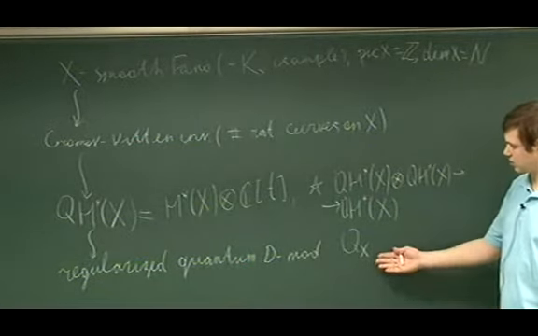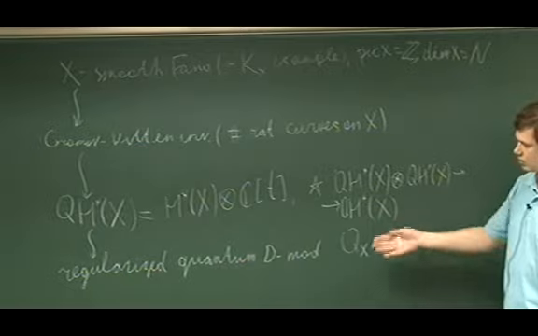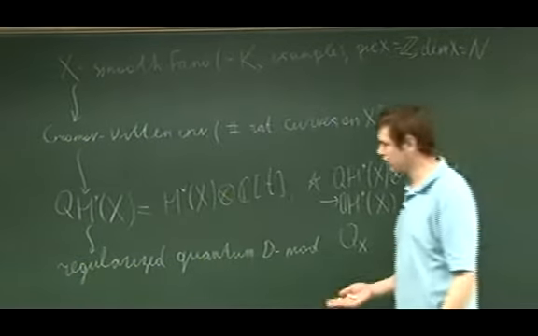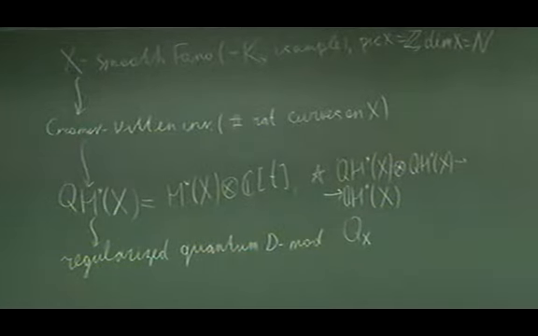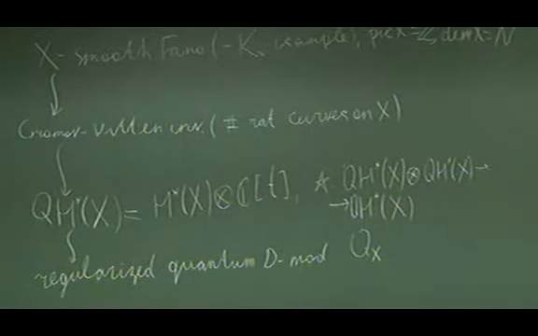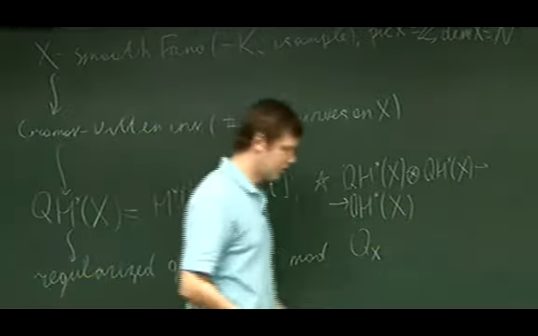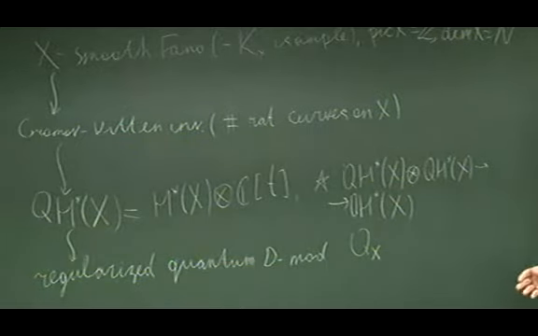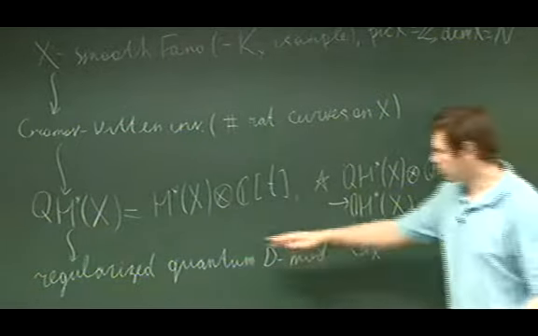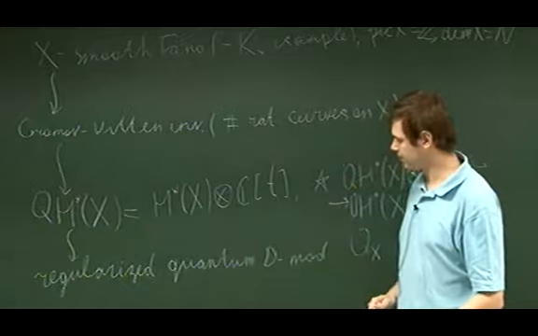But the quantum D-module, or differential equation in our case, is just the following. Consider an affine line with coordinate t, and consider the trivial vector bundle with fiber the cohomology.